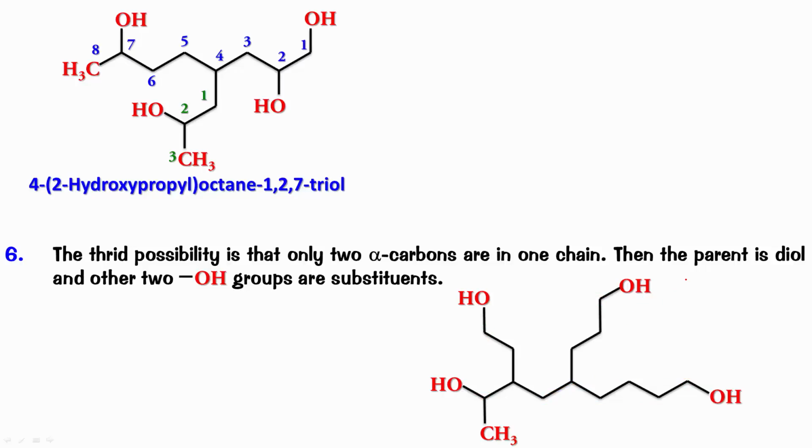So now which one do I select for the parent chain? Obviously I like to go for the one in which I get the longest carbon chain. Now let's see if there is more than one. 1, 2, 3, 4, 5, 6, 7, 8, 9. Now this fellow is 9. Now let me change the color.